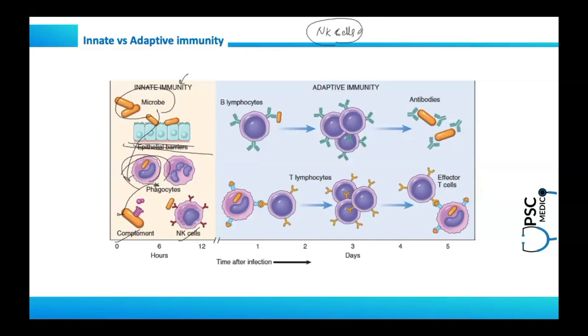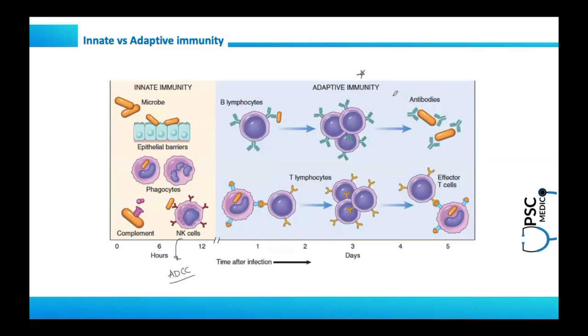In the natural killer cells part, I told you it is a part of innate immunity because it doesn't require any prior stimulus. It directly acts on the microbes. So that's the reason we categorize it into innate immunity. But the same natural killer cell does have an adaptive immune role also. That is antibody dependent cell mediated cytotoxicity. Let's quickly move to the adaptive immunity part.